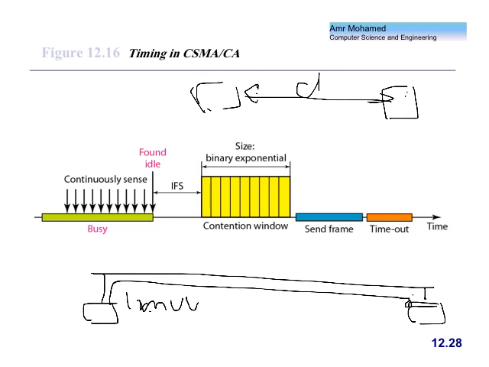We'll find lots of similarities between this and the P persistent with some tweaks. Okay? So the first thing that we should do is to perform continuous sensing. Again, similar to the P persistent, we sense continuously until we find that the channel is idle.